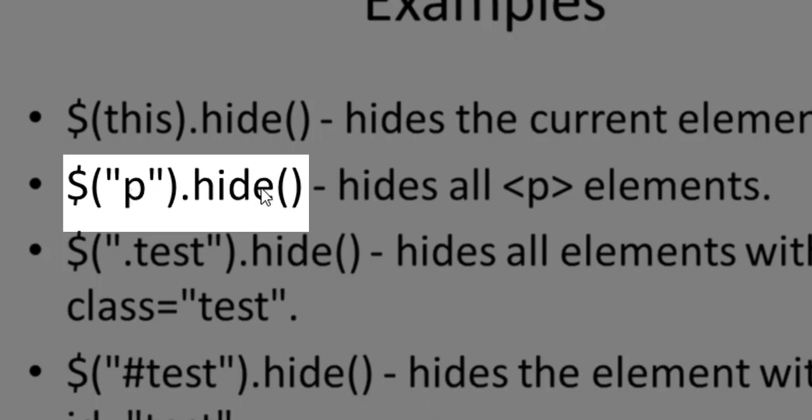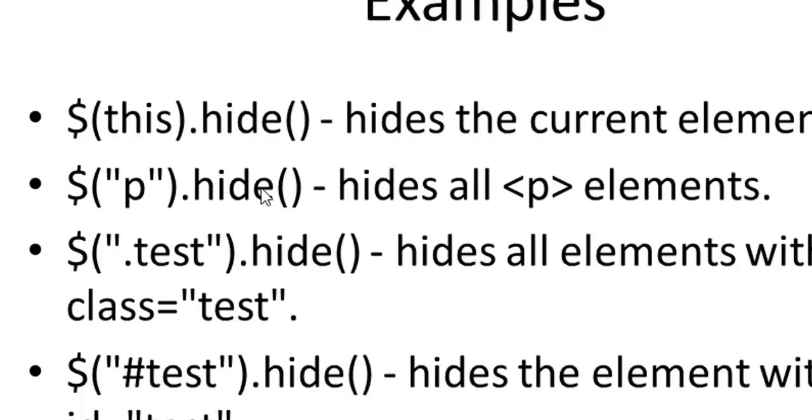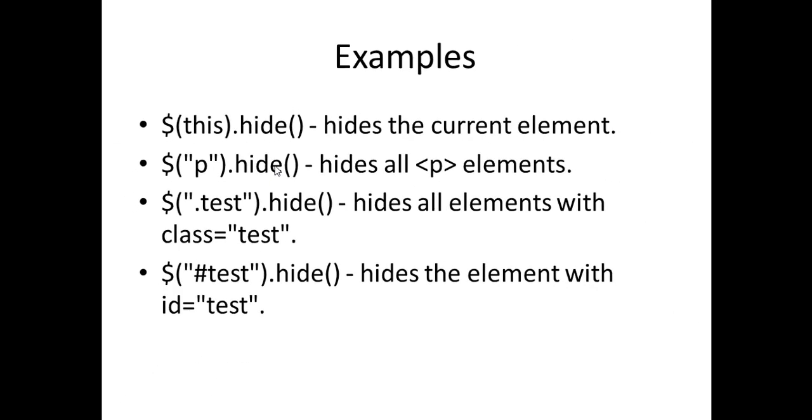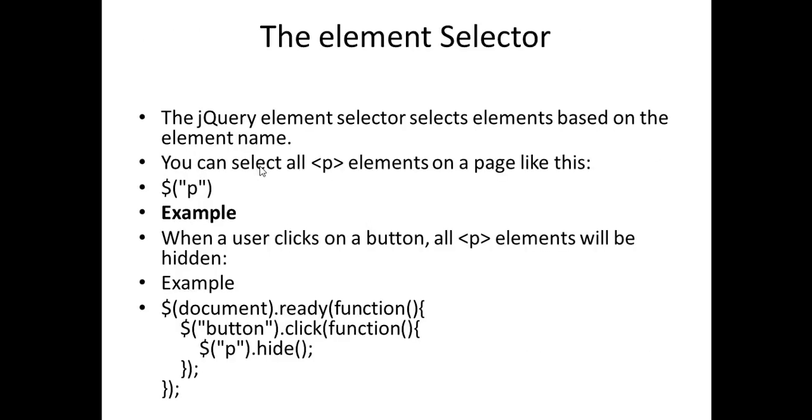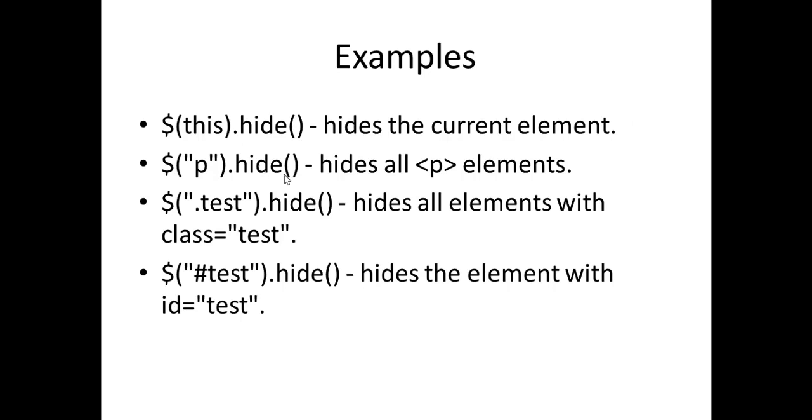So hide is a jQuery method, a jQuery library function, which hides the paragraph element. Now just stop for a while and try to appreciate the use of jQuery. Just one method, hide. It doesn't require you to write a very long script of multiple lines of code to hide a paragraph. Just one method, hide, is enough to hide the paragraph element.